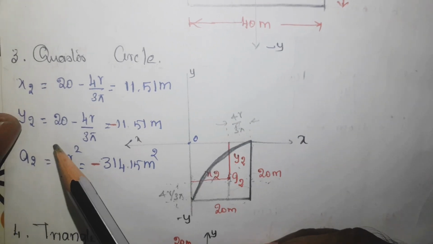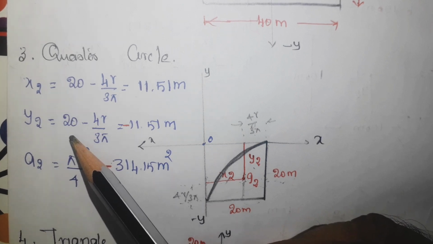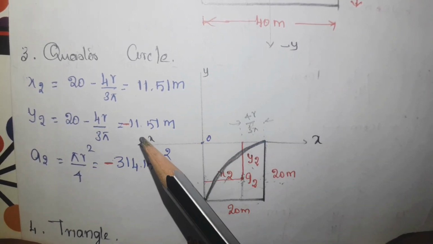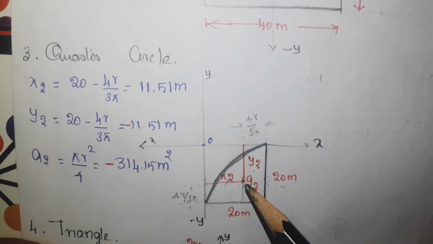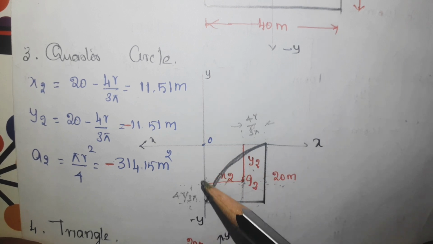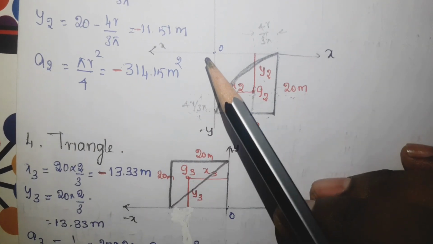So this is what I have done here: y2 equals 20 minus 4r by 3π, and I get the same answer. Here you see a minus, because G2 is located in the fourth quadrant. In the fourth quadrant, the y coordinate becomes negative. So here I have put minus.